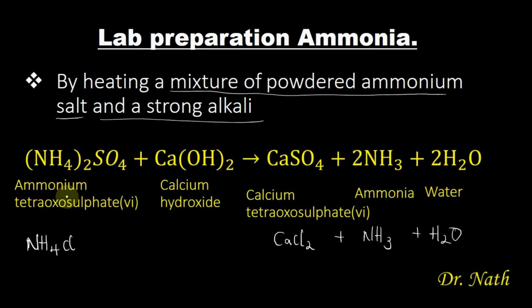So the difference between these two is that when ammonium tetraoxosulfate 6 is used, calcium tetraoxosulfate 6 will be formed, and when ammonium chloride is used, calcium chloride will be formed. So this is how ammonia is prepared in the lab. You can either use ammonium tetraoxosulfate 6 or ammonium chloride.